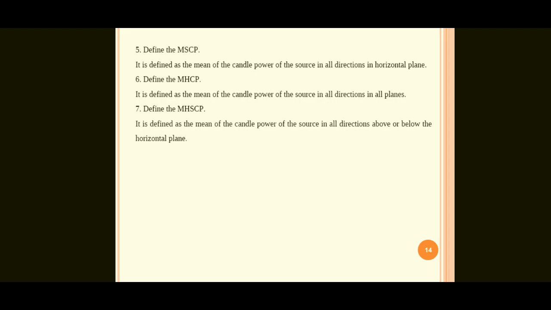Next one, define MHCP, mean horizontal candle power. It is the candle power of the source in all directions in the horizontal plane.